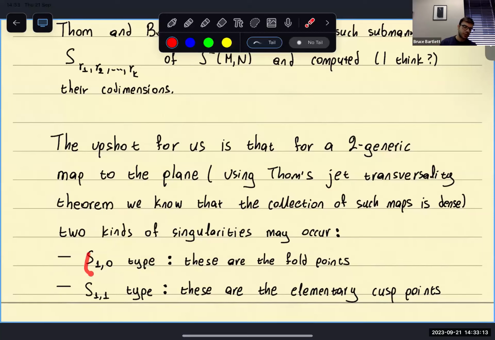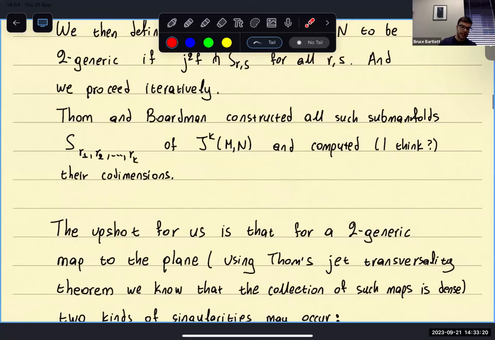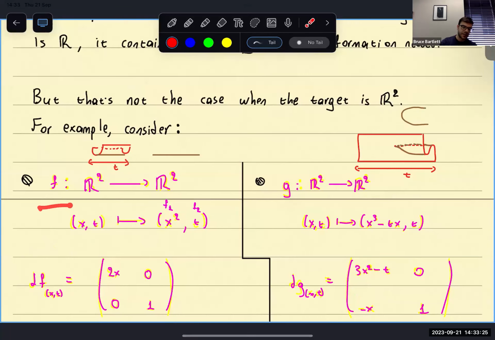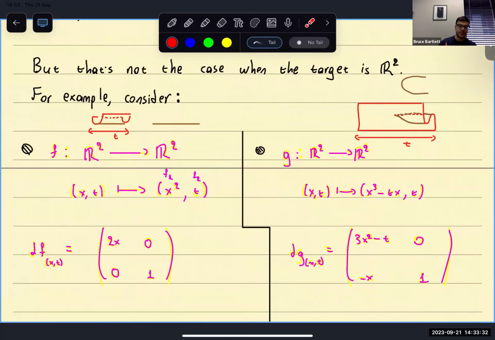One which is of what we may call S_{1,0} type, and these are the fold points, and locally our fold points look like this map F. And the other type is the S_{1,1} type, which we refer to as the cusp points, and locally you get this description, at least when the source is two-dimensional.